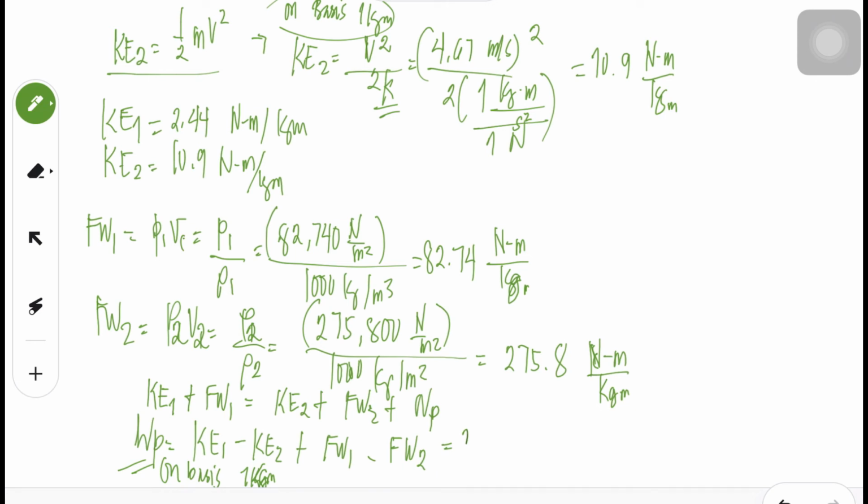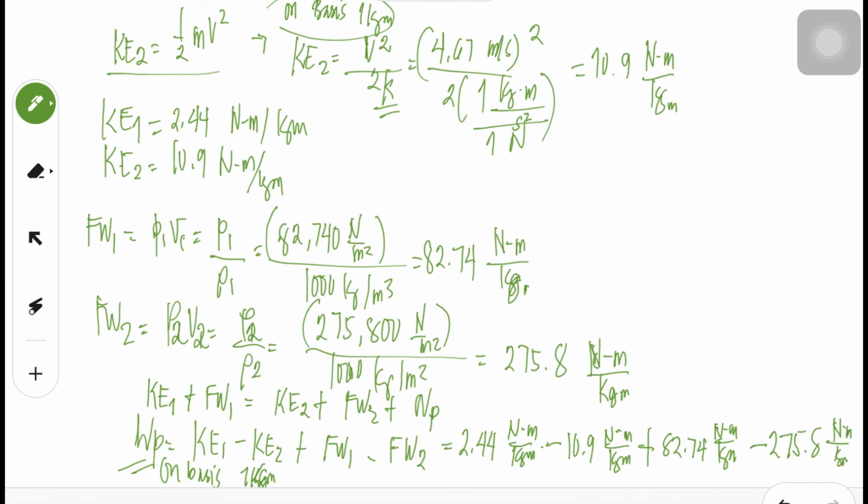Kinetic energy natin is 2.44 Newton meter per kilogram mass minus 10.9 Newton meter per kilogram mass plus flow work 1 is 82.74 Newton meter per kilogram mass minus flow work at point 2, 275.8 Newton meter per kilogram mass.